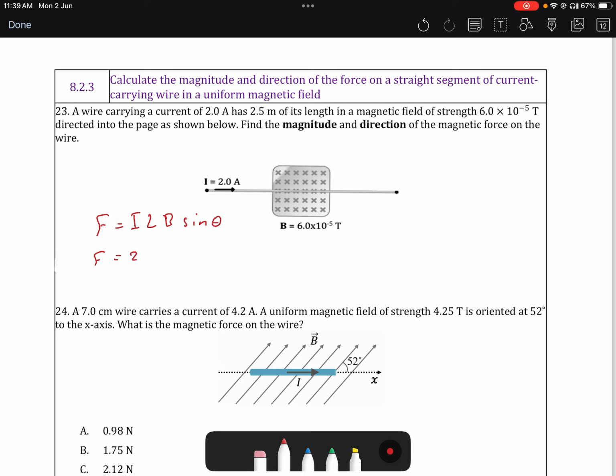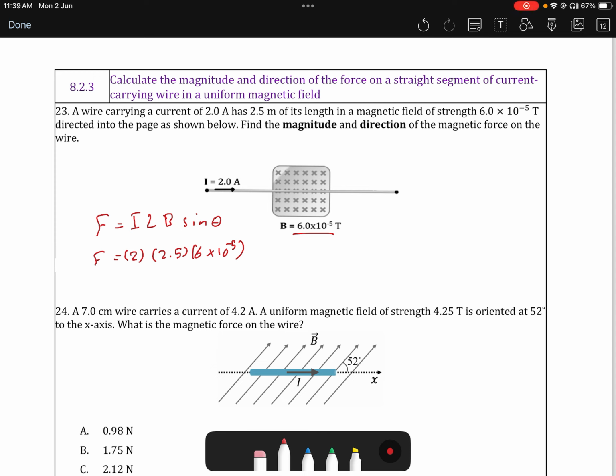The current is 2 amperes, times L, which is 2.5, times the magnetic field, which is 6 times 10 power negative 5, times sine theta. Of course, theta here is 90, which is the angle between the current I and the magnetic field.